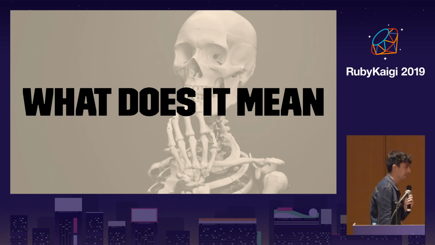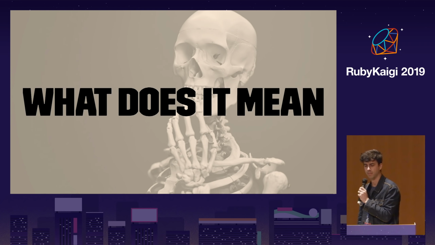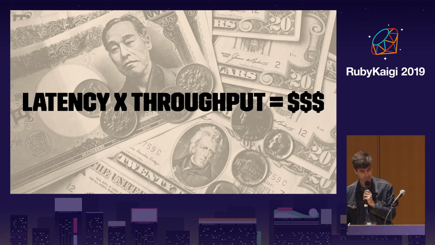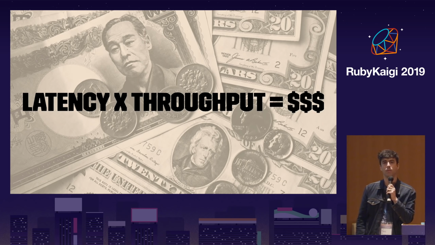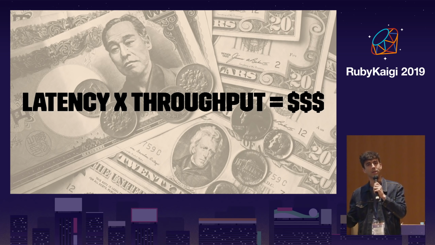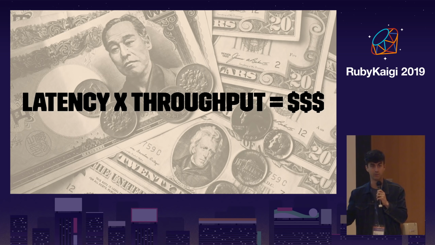So what does that mean? 1 request is being served on average at any given time. 1 request in parallel. Well, that means that if we know on average how many requests are being served at any given time, we can start making a guess at how many Ruby processes we need, and then how many servers we need to deploy that application.